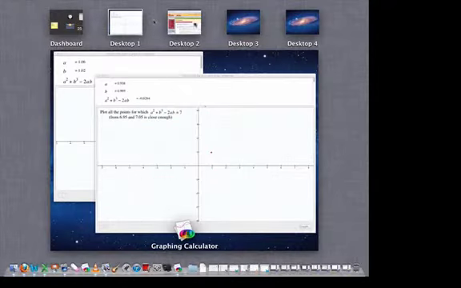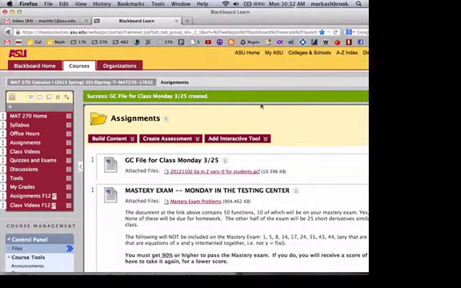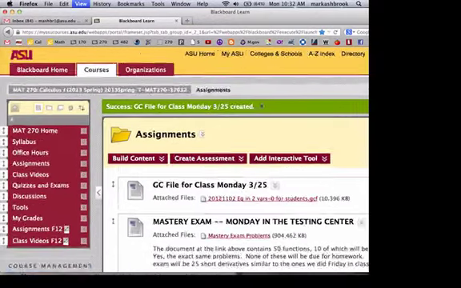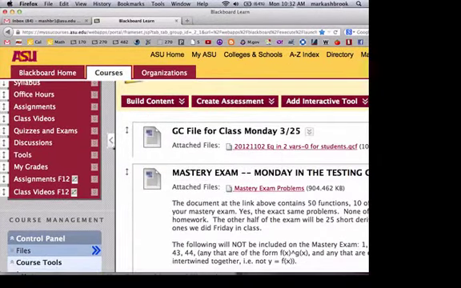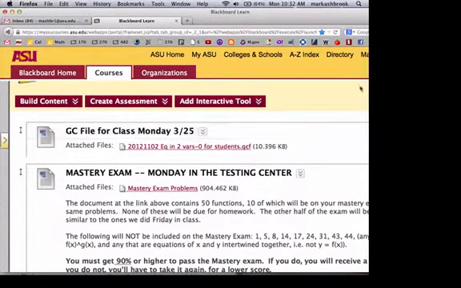Get a browser window open on your laptop and go to assignments. The first thing in assignments is the graphing calculator file. Download that and open it up. Don't do anything else.